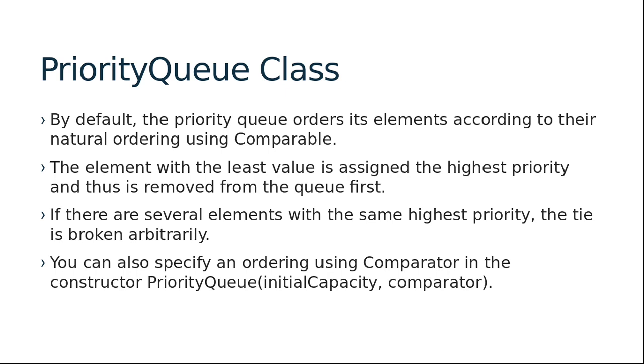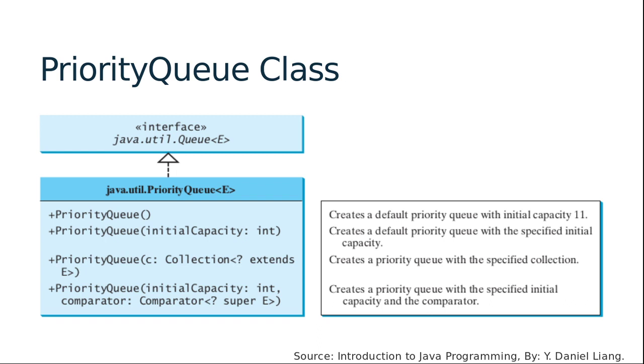Now if several elements with the same priority are there, then in that case the tie will be broken arbitrarily. There is no rule, this will be the first or the second, and so on. And you can also specify your own order by having the comparator object passed in the priority queue constructor. So let's have a look at the priority queue class. It has a no argument constructor which will create an empty priority queue.